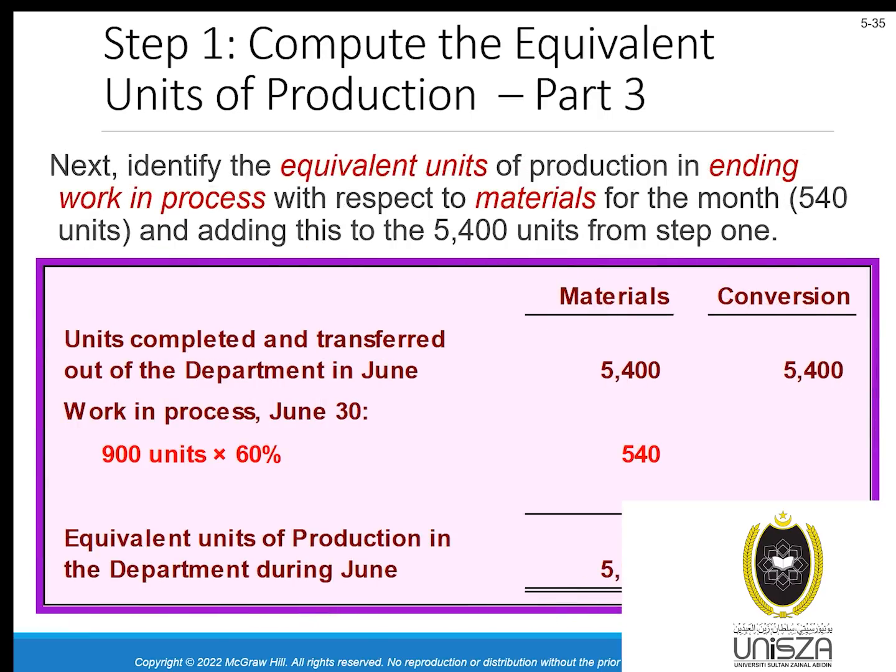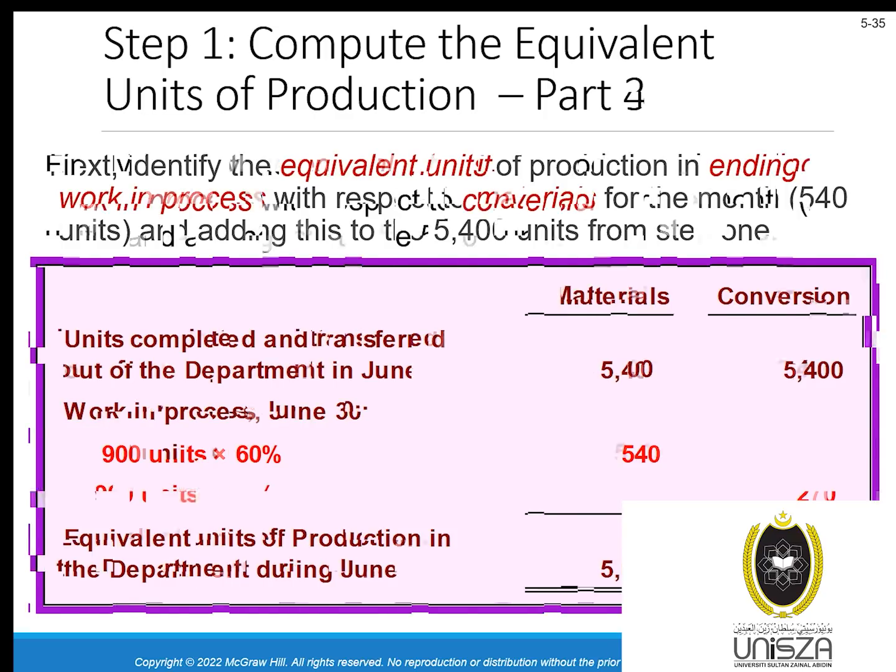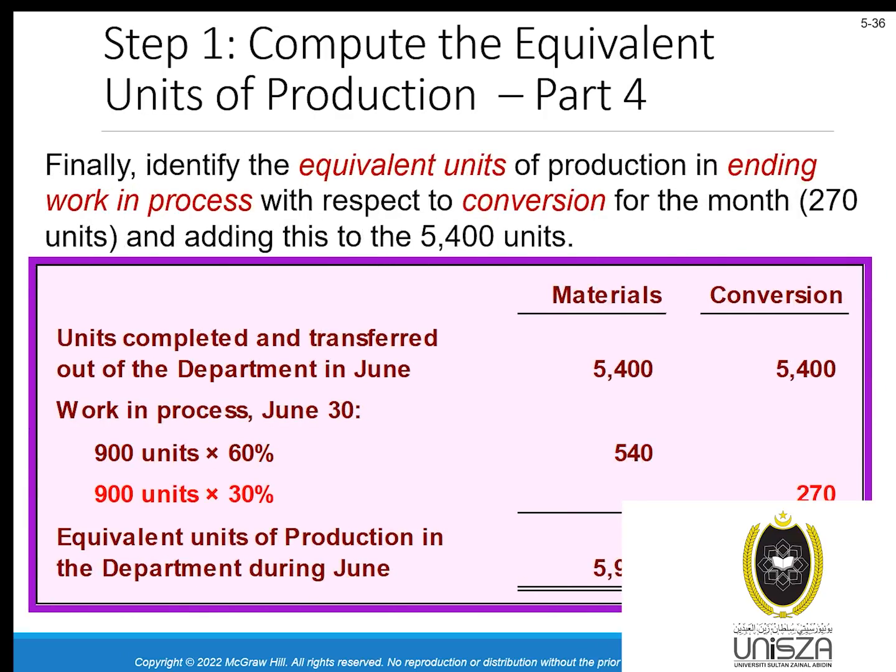So now we're going to calculate the WIP. WIP at the end of June, on the 3rd June, is 900 units times 60%, so we get 540. And for the conversion, 270.